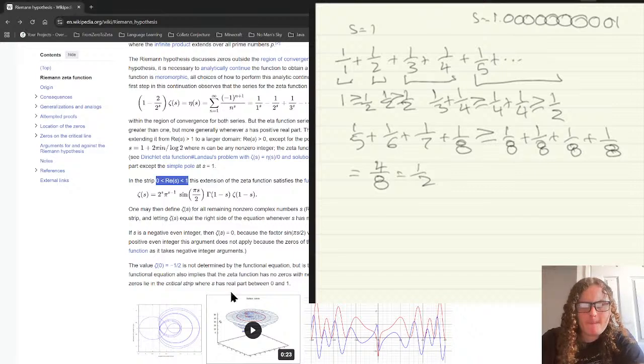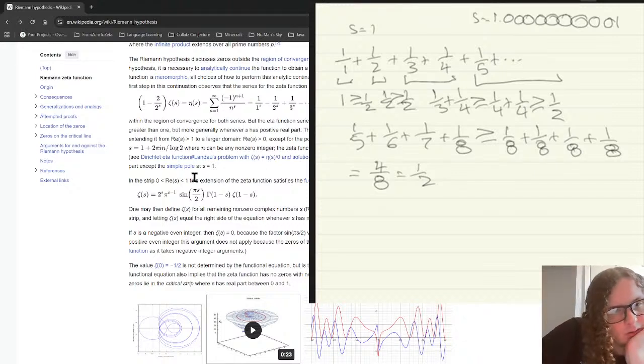If the real part of s is between 0 and 1, s is a complex number, so it has a real part and an imaginary part. How does that help us? Because on 1 minus s, that would still be between 0 and 1.